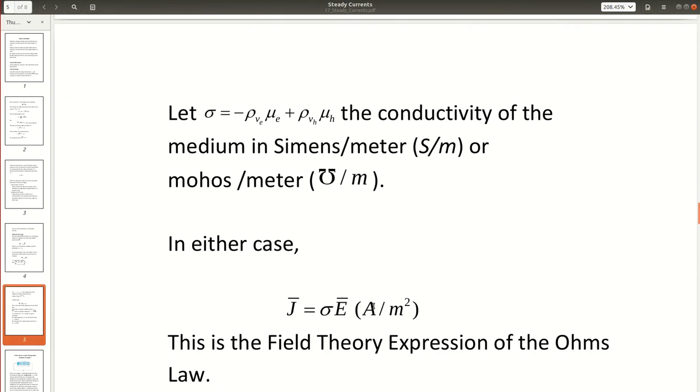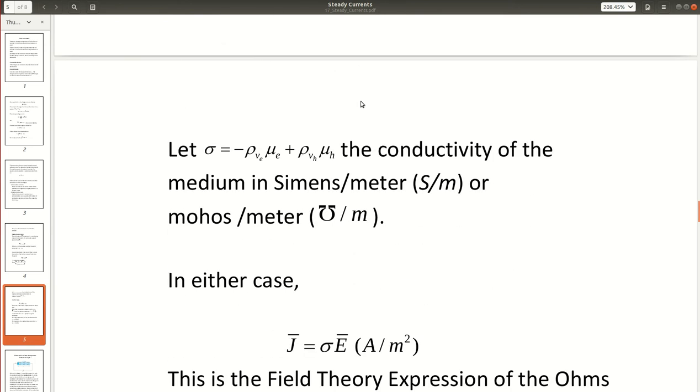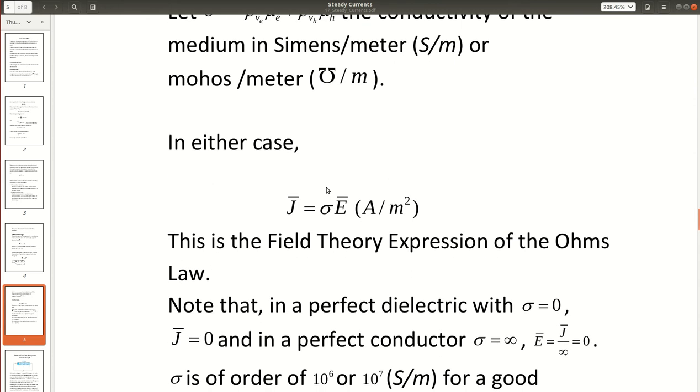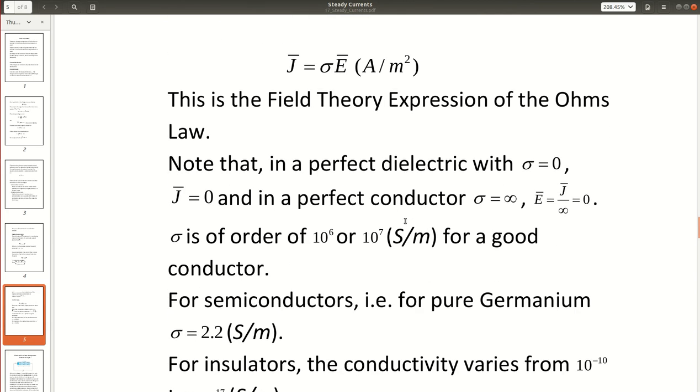This value is related to the material; we call it the conductivity of the medium, measured in Siemens per meter. In either case, J is equal to sigma E, in amperes per meter squared. This is the field theory expression of Ohm's law.